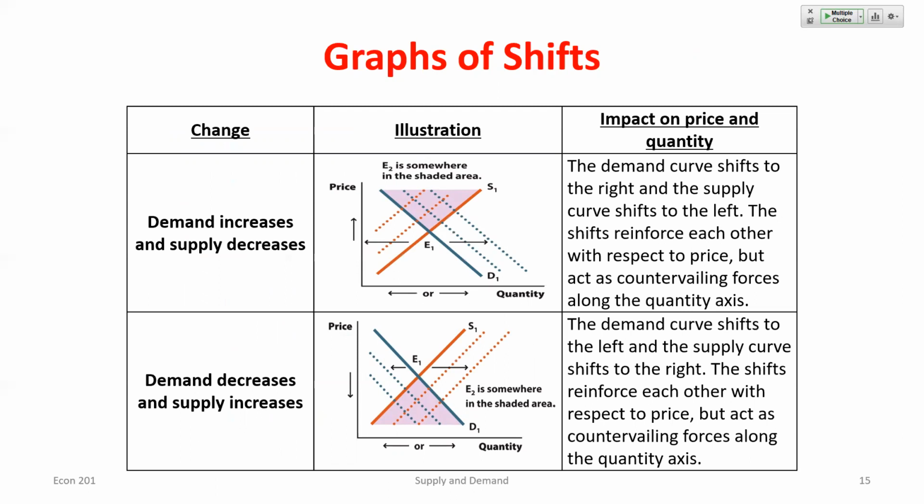If I were to draw the demand decrease as really big, and then just a small supply increase, maybe my new equilibrium is here, and prices are lower, but quantity also looks lower. If I instead drew the really large increase in supply, but a really small change in demand, well, now my equilibrium point's here. Price still looks lower, but quantity actually looks like it's increased, right?